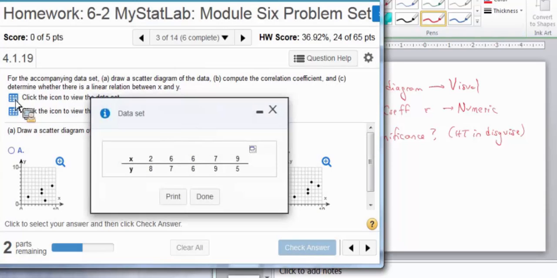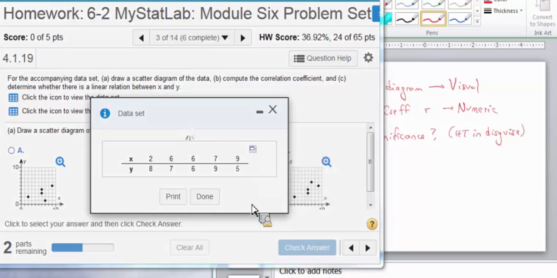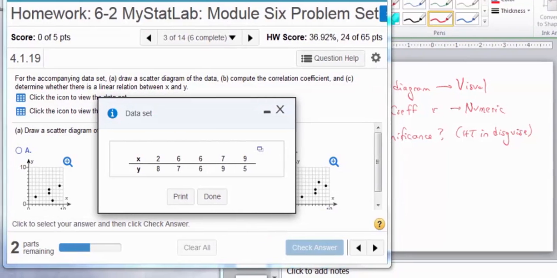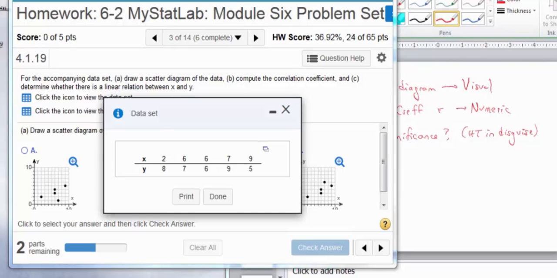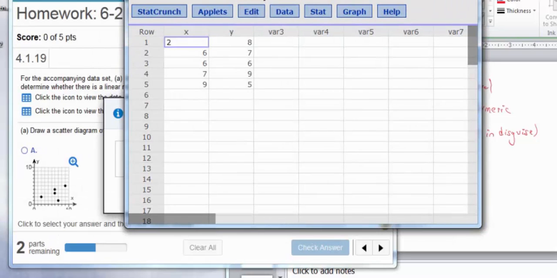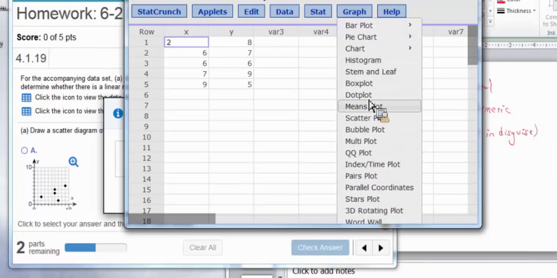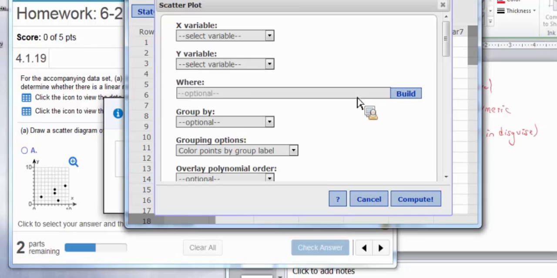Click to see the data set. Let's open it up in StatCrunch. Okay, I'll move it over from my other screen. This is a graph. So to graph, because we want a scatter plot, X is the X, Y is the Y. So I'm going through a lot of these StatCrunch routines quicker than I did at the beginning of the course.